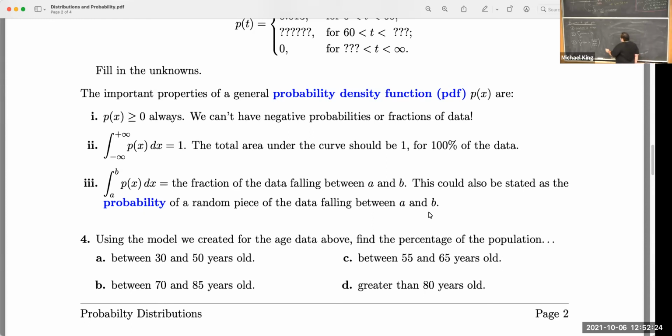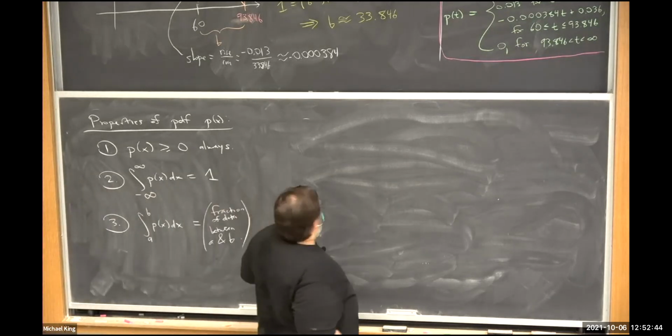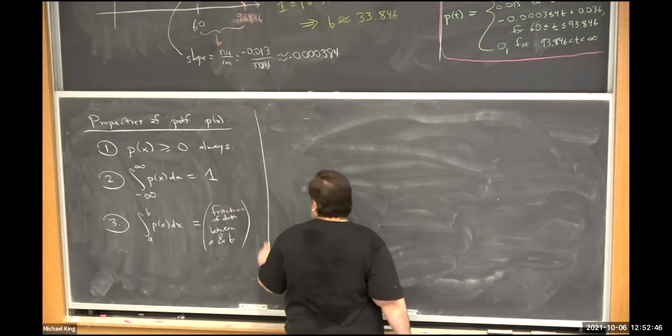All right, so let's ask one of these questions at the bottom of the screen now, like maybe part C there. According to the model that we have now, what percentage of the population is between 55 and 65?